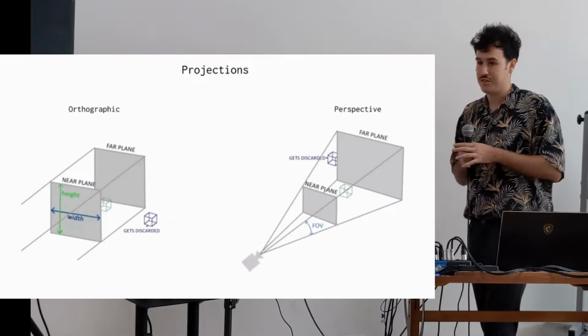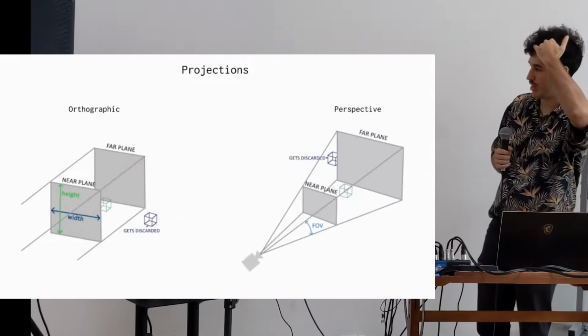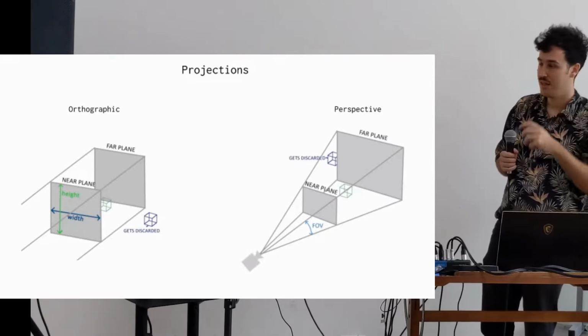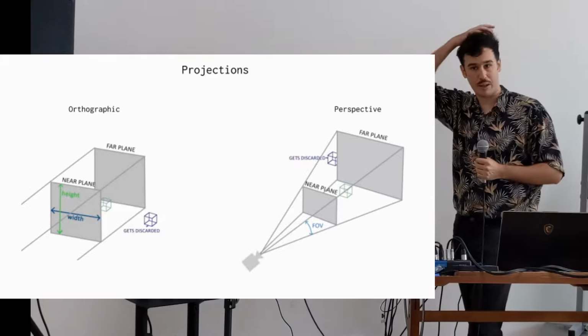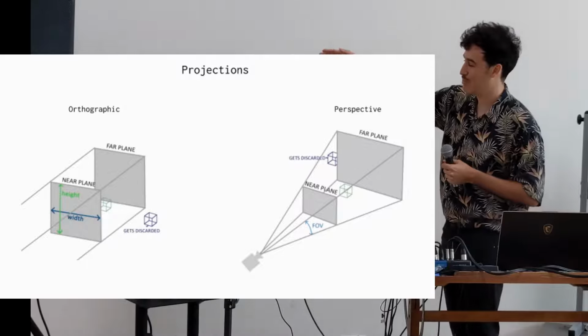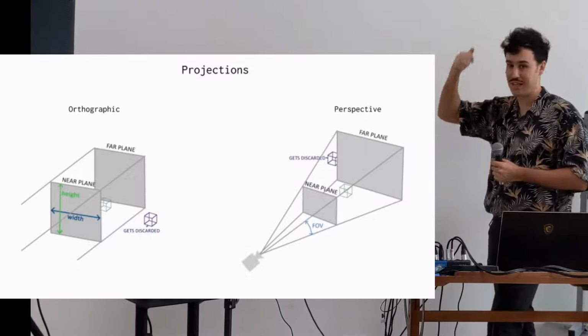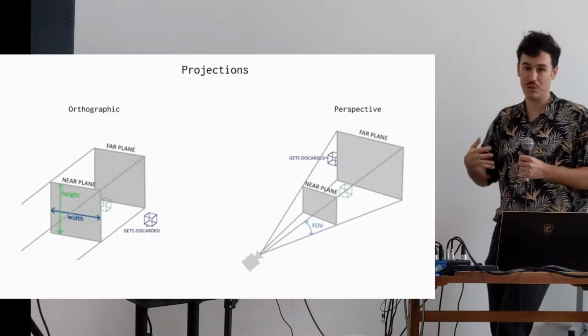There are two main kinds of projections that get used: an orthographic projection and a perspective projection. Orthographic projections, I would say, are generally used in 2D games. Perspective projection is what you use mostly in 3D games, because you want the illusion of depth.